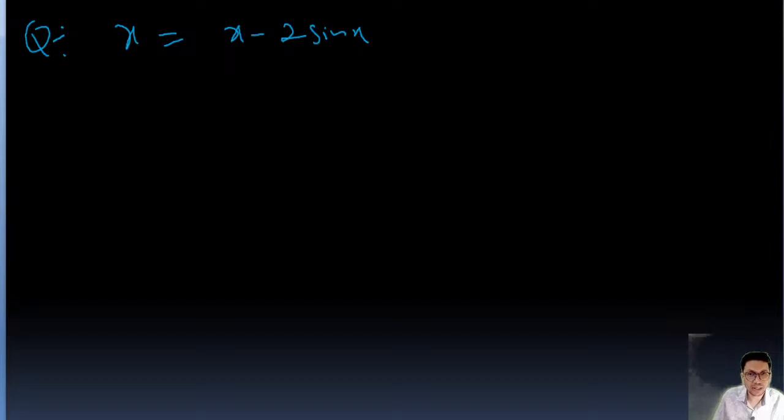Okay, CSIR NET question. Okay, x equal to 2 sin x_n, right? And you need to find x_{n+1}. Okay, I'm not writing options. From the options we will directly get the answer.